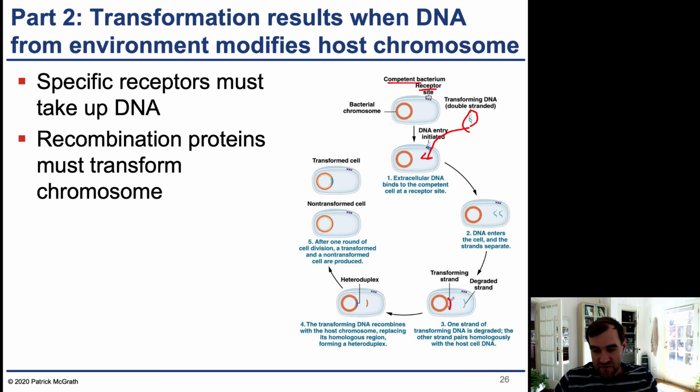If there's enough homology between this blue piece of DNA and the orange piece of DNA, you're able to transform the genes that are in common. So just think of this piece of DNA as serving the same purpose as the strand that's transferred in the Hfr cell.